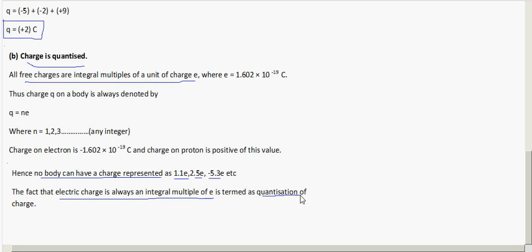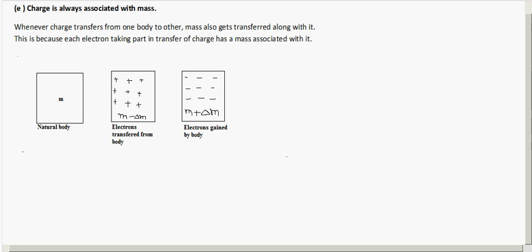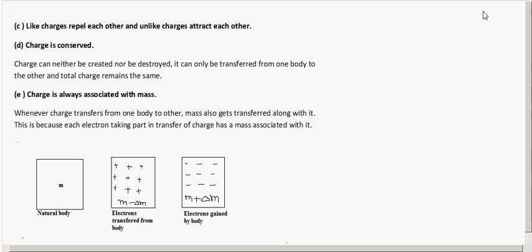So if a body has a charge Q, it can always be denoted as Q equals n e, where n is any integer 1, 2, 3. So charge is an integral multiple of e. That is nothing but charge being quantized. So you cannot have a body with a charge of 1.1 e, 2.2 e, minus 5.3 e, etc., because this number is always an integer.